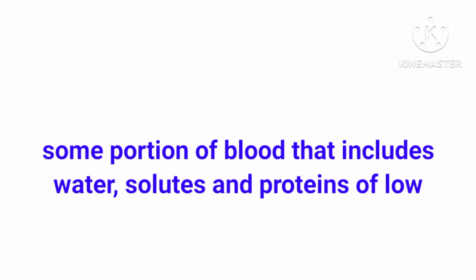Some portion of blood means components of blood that includes water. Water means lymph, from Latin word lympha, water, is the fluid that flows through the lymphatic system. Solutes means the solute appears in the form of lymph.